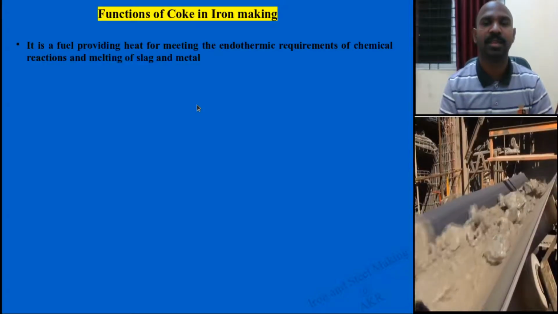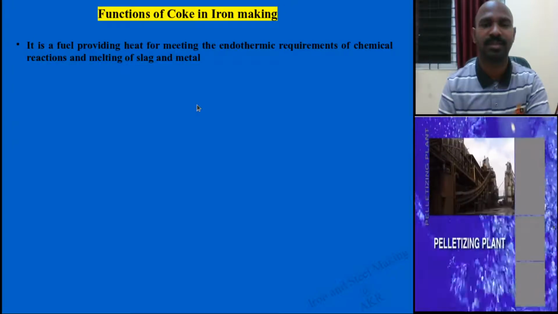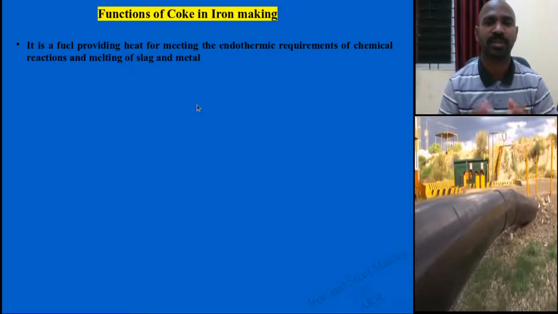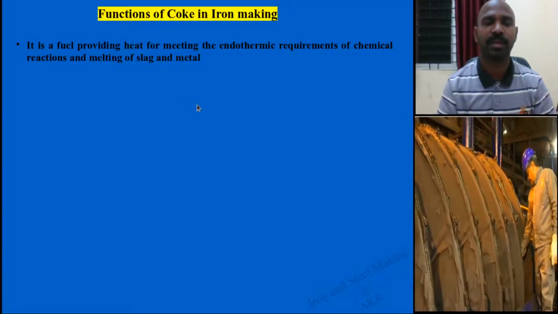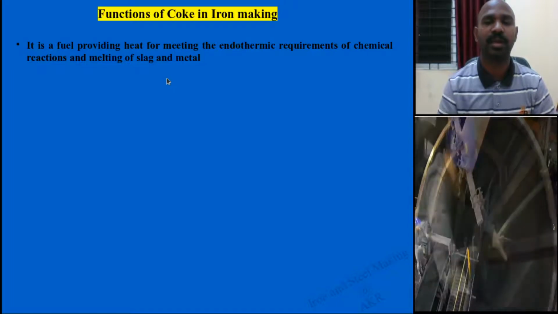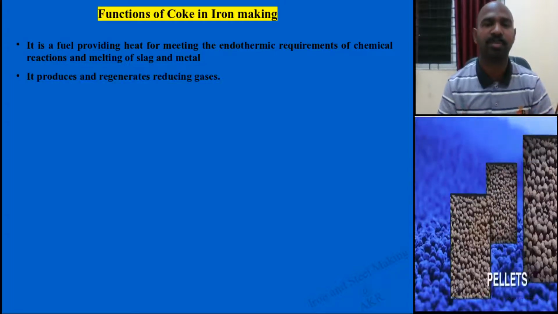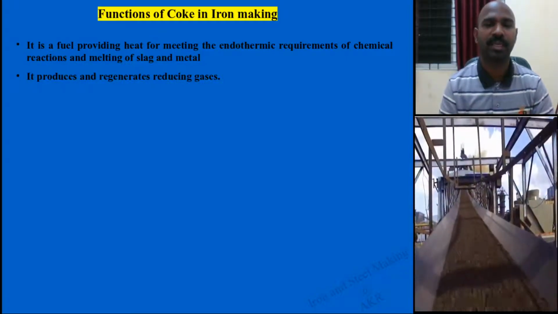The other points are, let me speak about what the functions of coke are in the iron production process. It is a fuel, an endothermic fuel, and this heat can be used to melt the slag and the molten metal. That is one function. It produces and regenerates reducing gas. What does it mean?